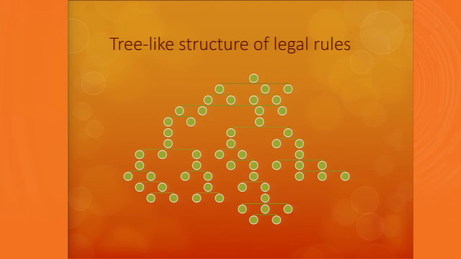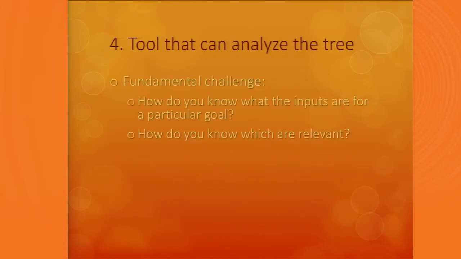Okay, so it forms a big tree with, at the top of it, the goal you want the system to answer, and at the bottom are the inputs. So what you need is a tool that can deal with that tree, because the fundamental challenge is, how does anyone know what the inputs are for a particular goal, and how do you know which of those inputs are relevant for a particular scenario?